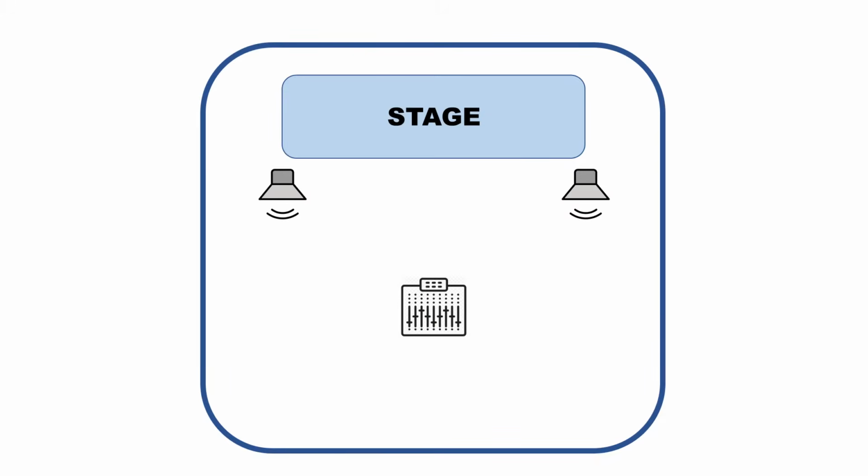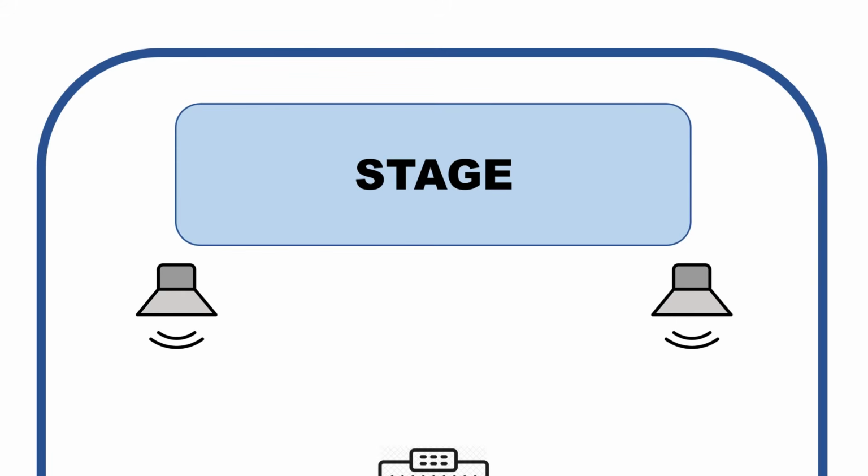The matrix output is most commonly used to send audio signals to additional speakers in your PA system. For example, let's say you're mixing in a venue that has a very wide stage and the main speakers far apart.